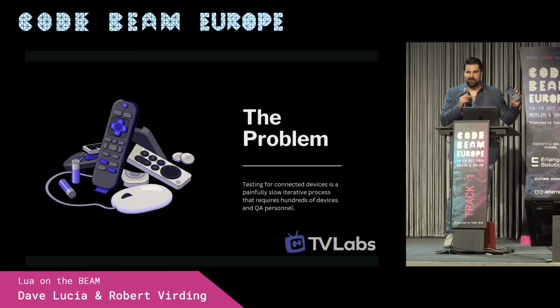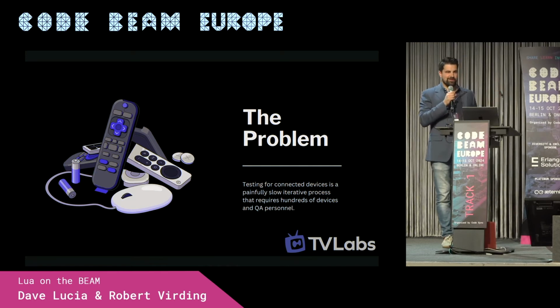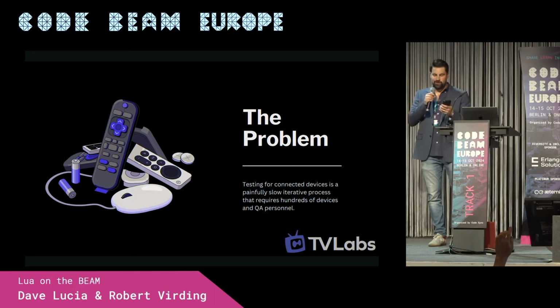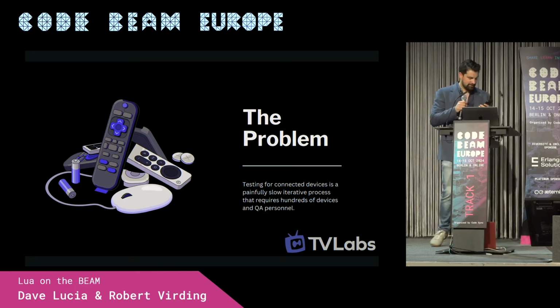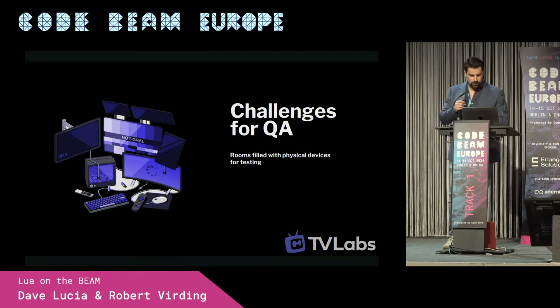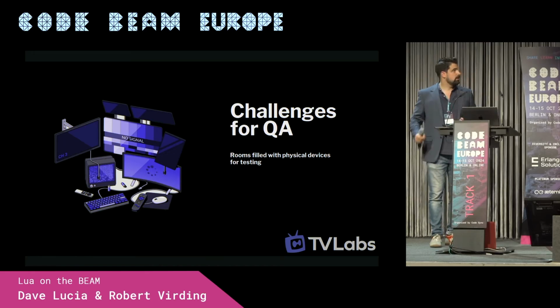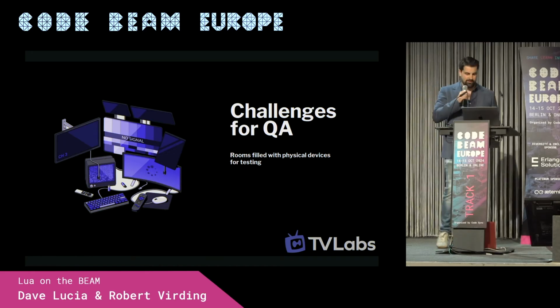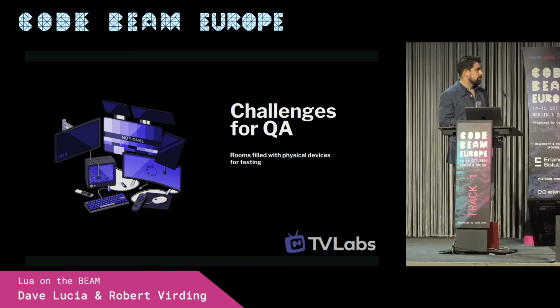All right, so raise your hand. How many of you own a smart TV or a set-top box like a Roku or an Apple TV? Pretty much everyone, right? All right. Testing for all of these apps is very hard because there's so many different types of devices. And the way that media companies do this is with a physical room of televisions called a TV lab.